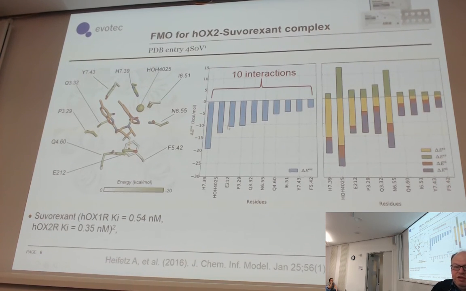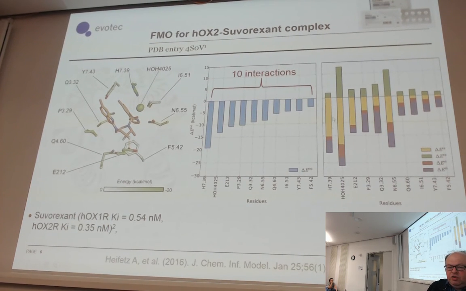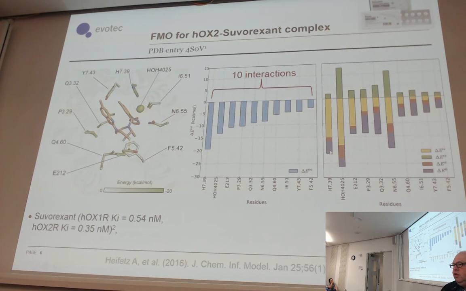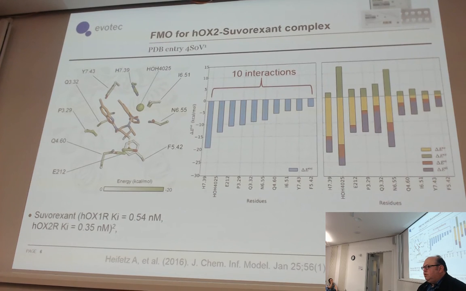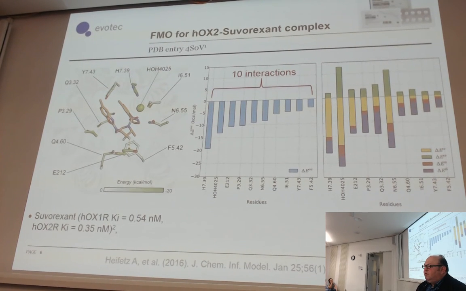This is the list of interactions, and these are the residues. Here on this plot, you see the breakdown, the PIEDA, of these interactions. Yellow is the electrostatic term, which is obviously present, but you can also see the blue dispersion term, which is hydrophobic, and you see there is a lot of hydrophobicity here. It is very hard to detect hydrophobic interactions, yet as you can see, they are playing a quite critical role.